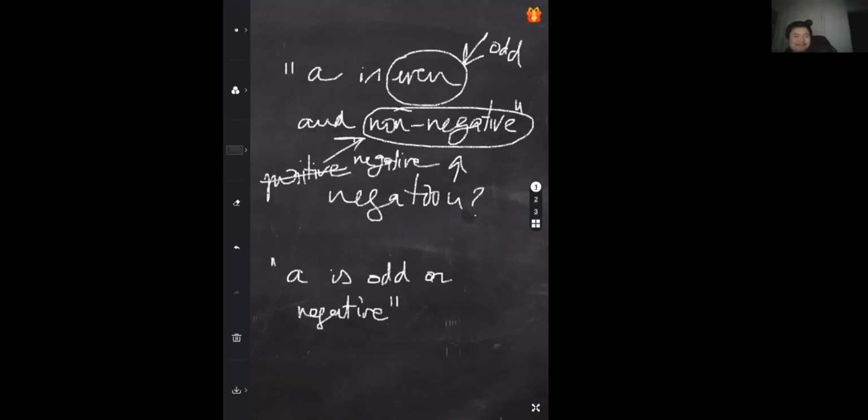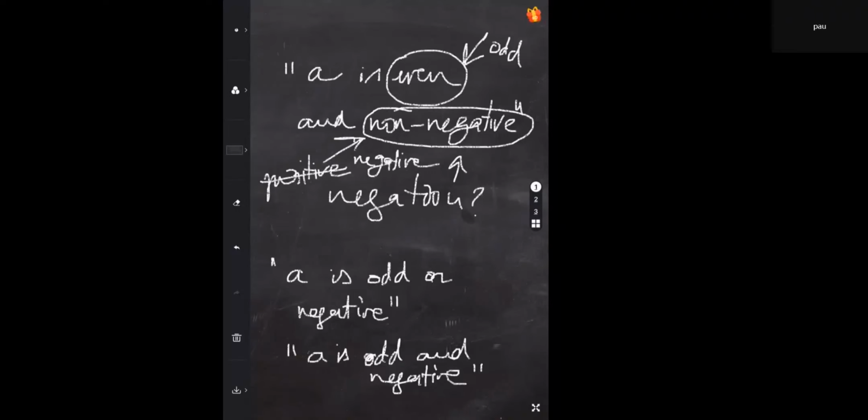And so wouldn't it be a is odd and negative? No, I think it needs to be an or. Yes. So again, remember that it is important here that or is inclusive and not exclusive.